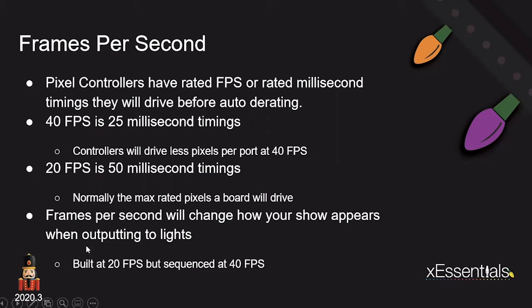The frames per second does change how your show appears when outputting to your lights. Like I said before, if your show is built for 20 frames per second, but it's sequenced at 40 frames per second, you can be looking at your show on your computer playback and then be watching the lights and they will look different.